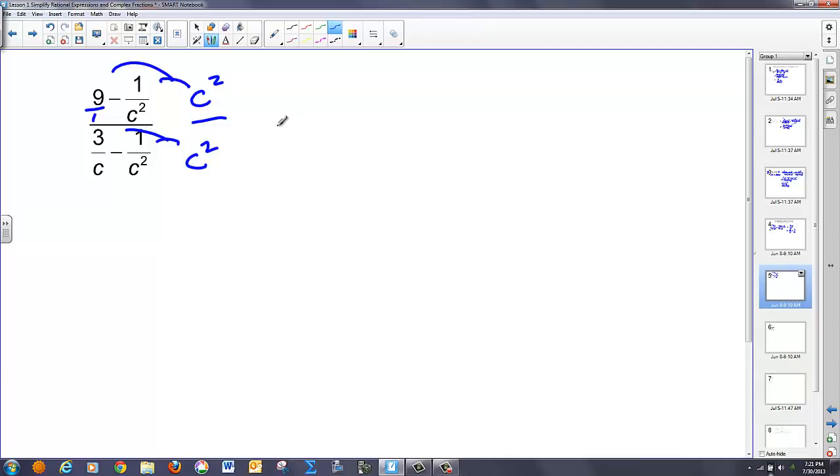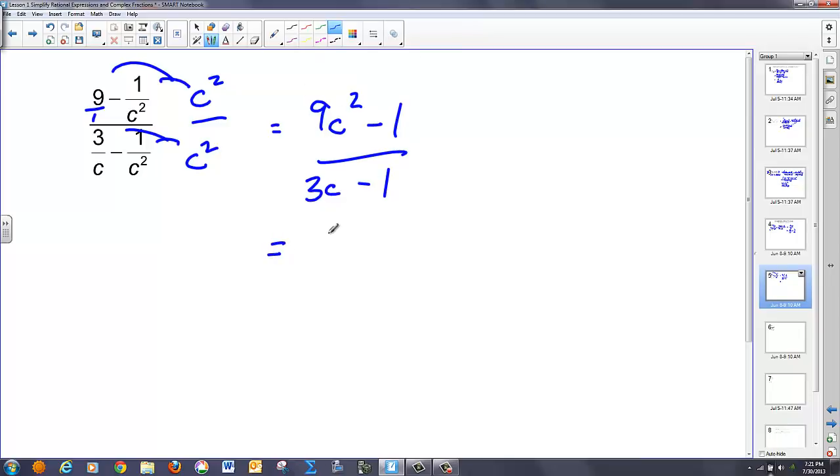In the first term I have a 9c squared. Second term the c squareds reduce. In the denominator I have a c squared multiplying by 3 over c, so the c's will reduce, leaving me a 3c, and then the c squareds reduce, leaving me with a 1. So now in this case you'll notice the numerator is factorable.